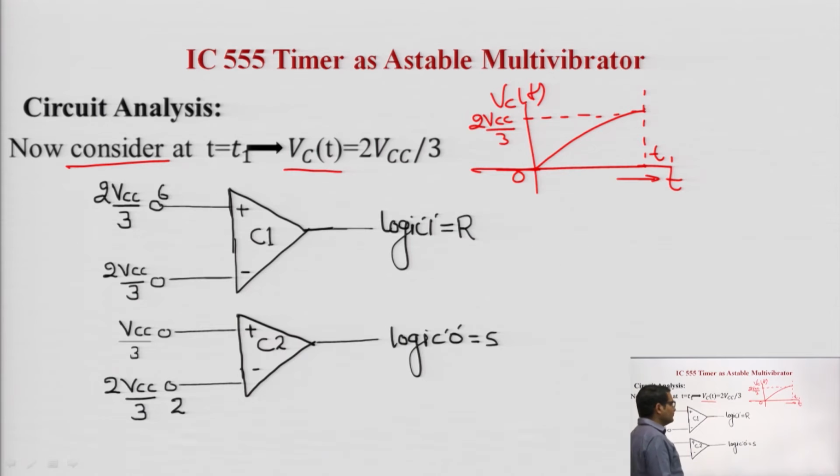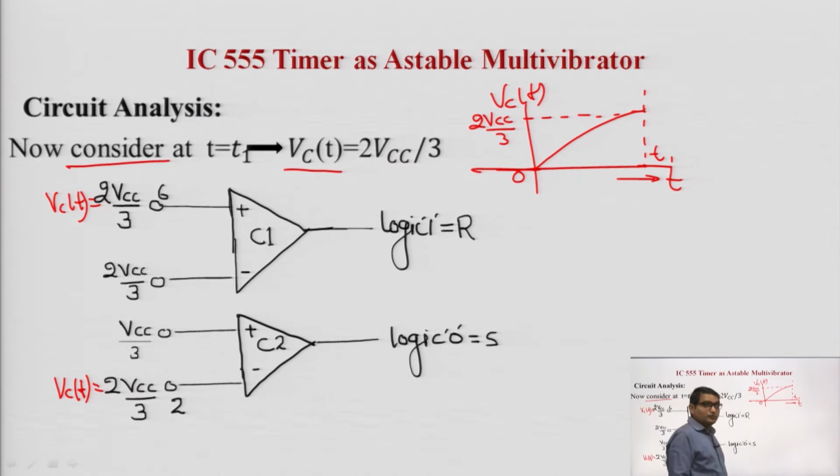VCT is connected to pin number 6 and also to pin number 2. Pin number 6 has voltage 2 VCC by 3 and pin number 2 also has voltage 2 VCC by 3.